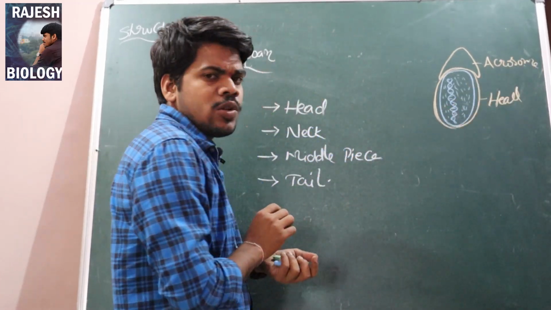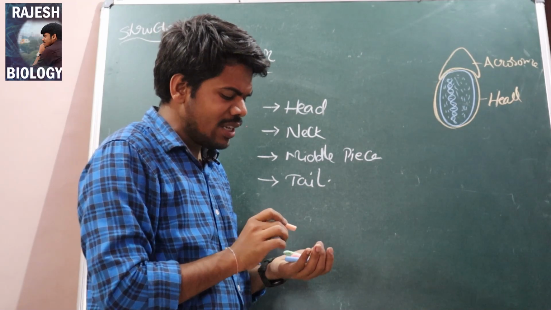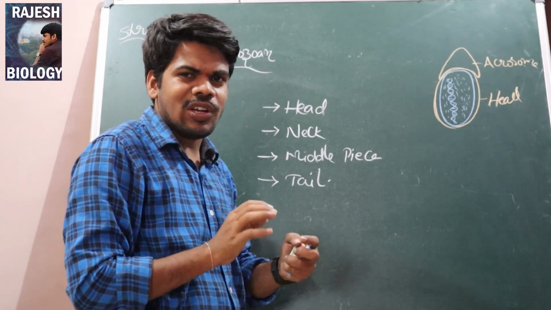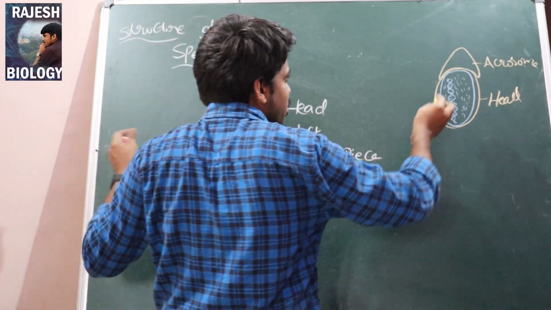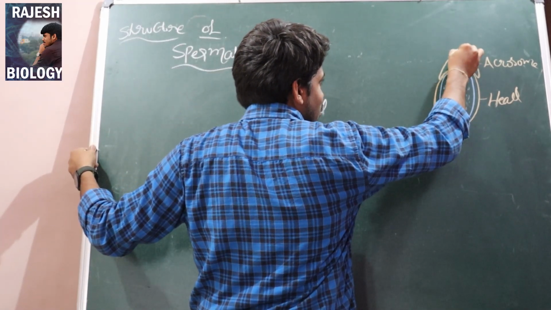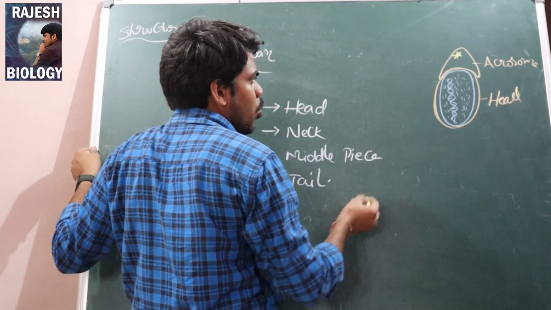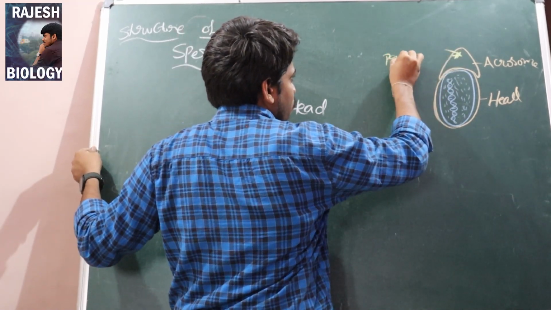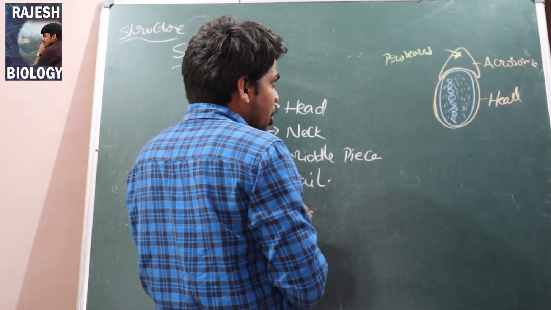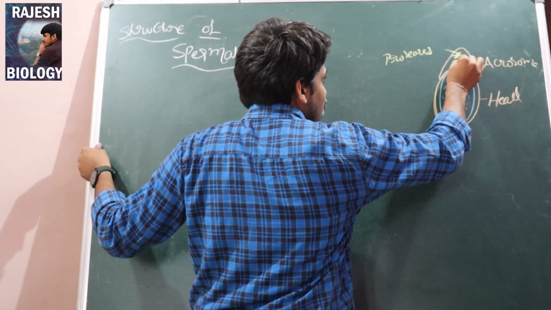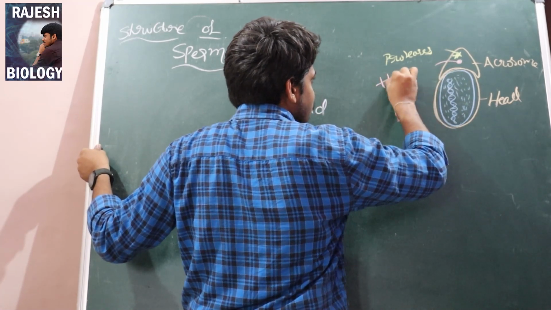This acrosome contains enzymes. Different types of enzymes are there: proteases and another enzyme, hyaluronidase.